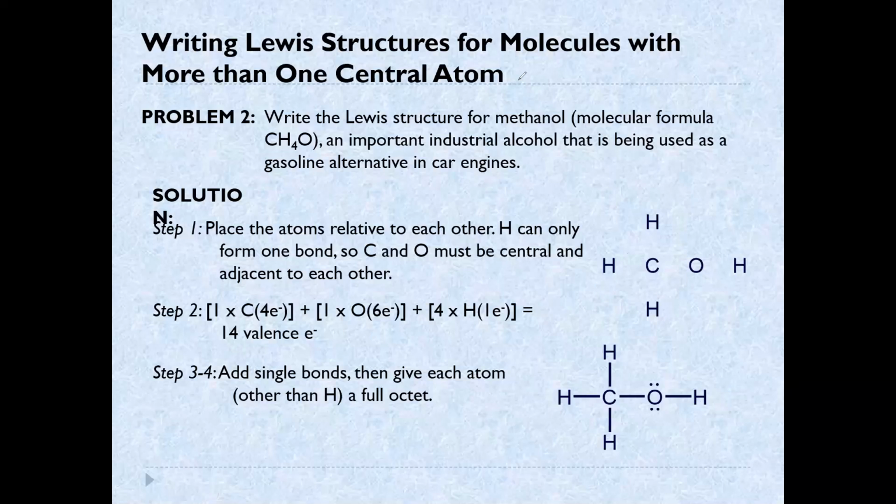So in this case, your hydrogen has 1, 2. The other hydrogen has 1, 2. The other hydrogen has 1, 2. And this also has 1, 2. So these are 8 electrons.